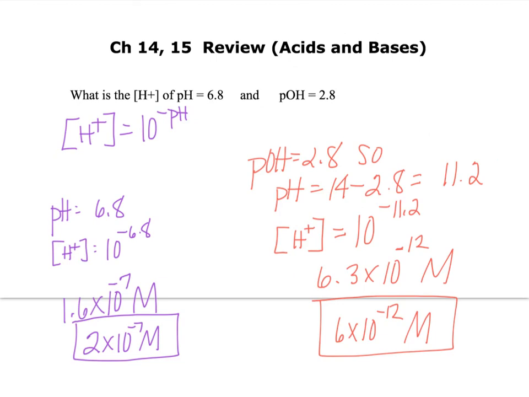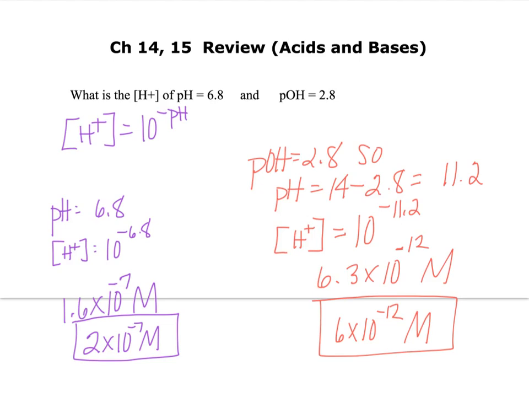All right, so these two want to know the hydrogen concentration of a solution of one of them with a pH of 6.8 and the other one with a pOH of 2.8. So the formula to get the hydrogen concentration is to take 10 raised to the negative pH. And remember, what we're doing is basically taking the antilog.